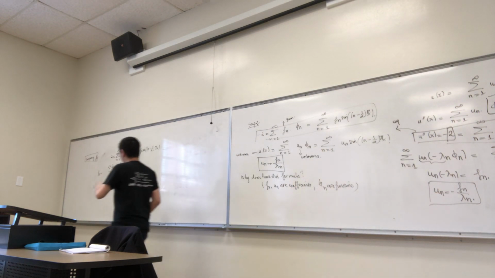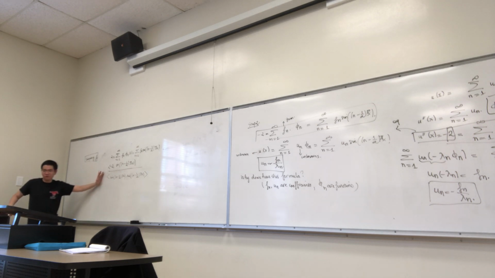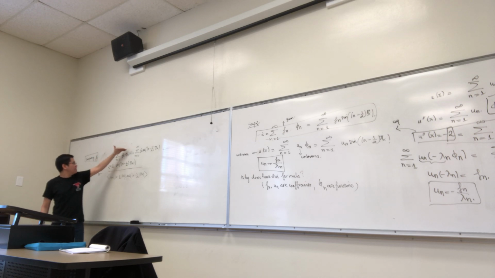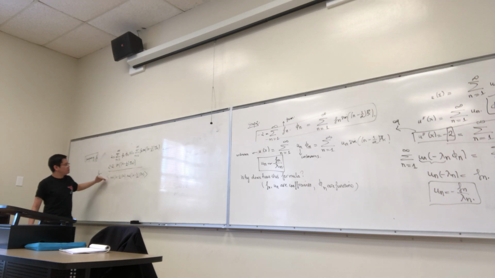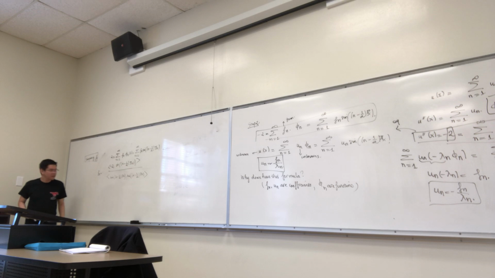The final thing now is to compute the coefficient. But the coefficient can be computed by using the same formula as you use for Fourier series, right? So you multiply Phi with minus 2, and then you multiply Phi with itself, and you take the fraction.